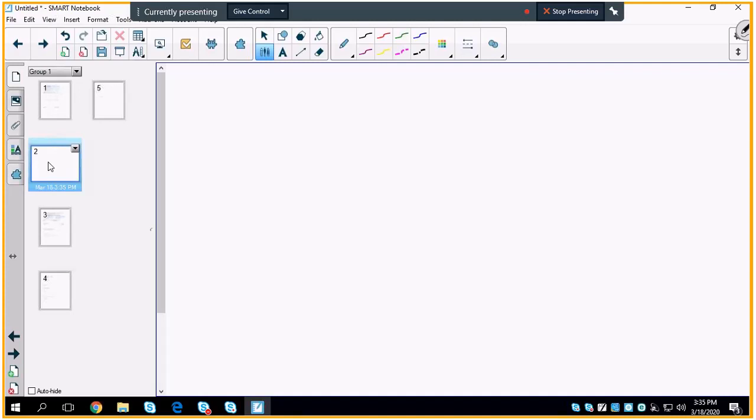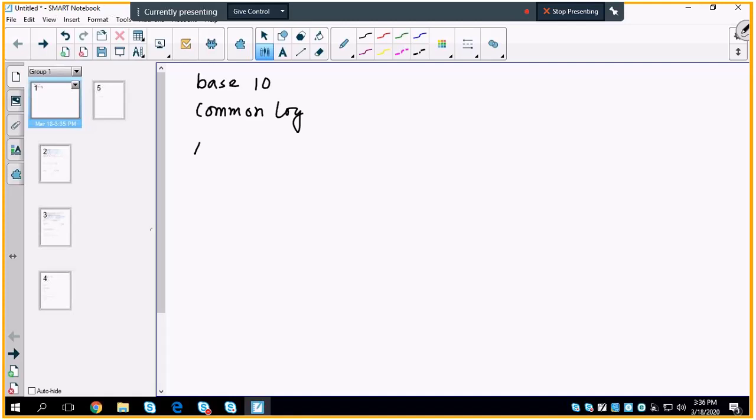Remember last time we talked about two special logarithmic functions. When the base is 10, we called it common log. And I said in these situations, we write only log and we do not write any base. And that by default would be understood as log base 10.